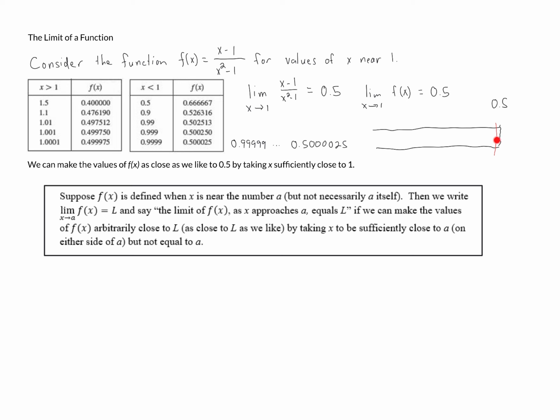It's always getting closer and closer in to 0.5. I want to strongly encourage you to go through some of the example problems because it is really good to get practice looking at these tables of values and really getting a sense of how the values are getting closer and closer to the limit.